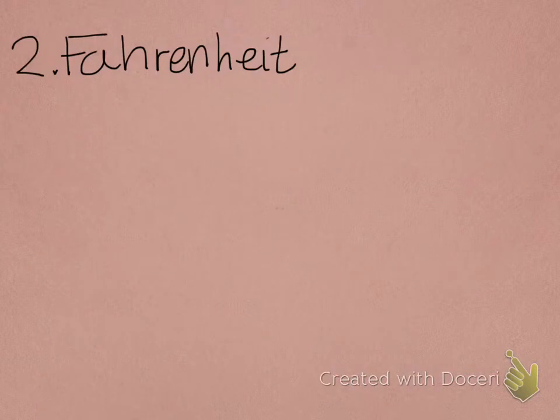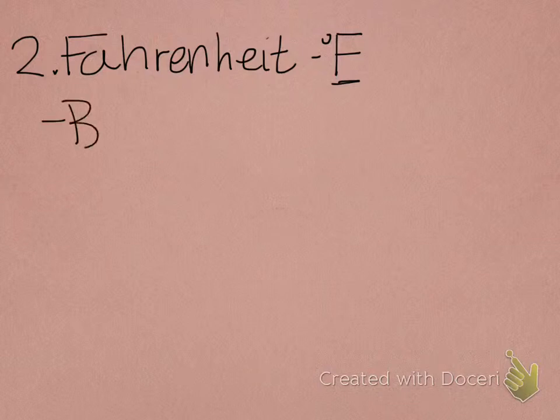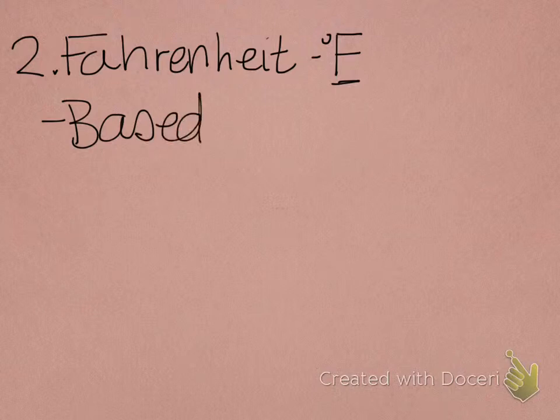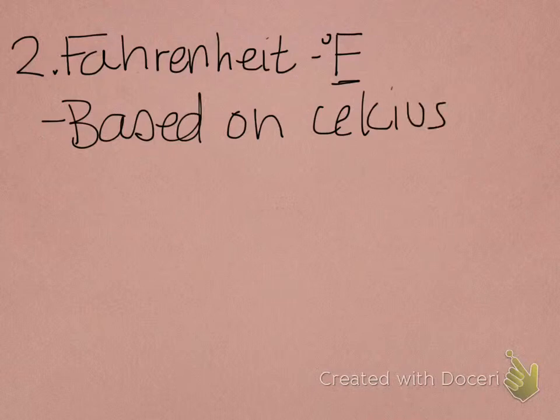So the next scale, the one that we are probably most familiar with, is Fahrenheit. So that is abbreviated as a capital F. So it is loosely based on the Celsius scale.